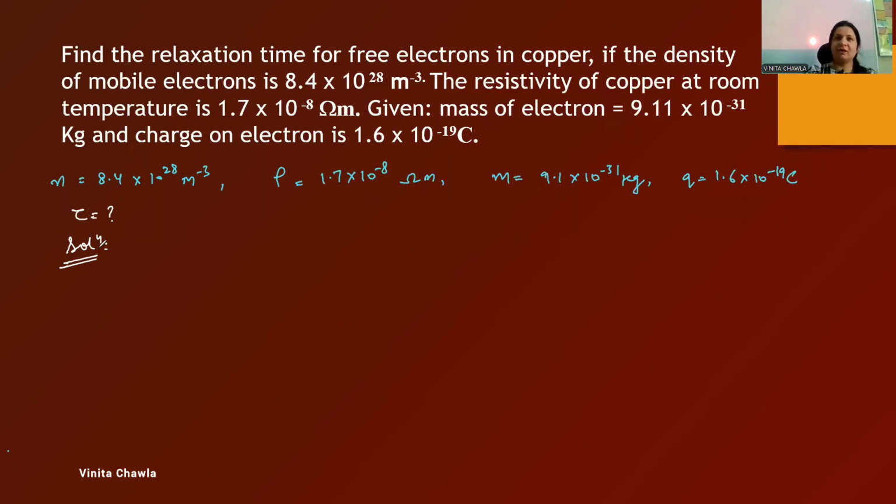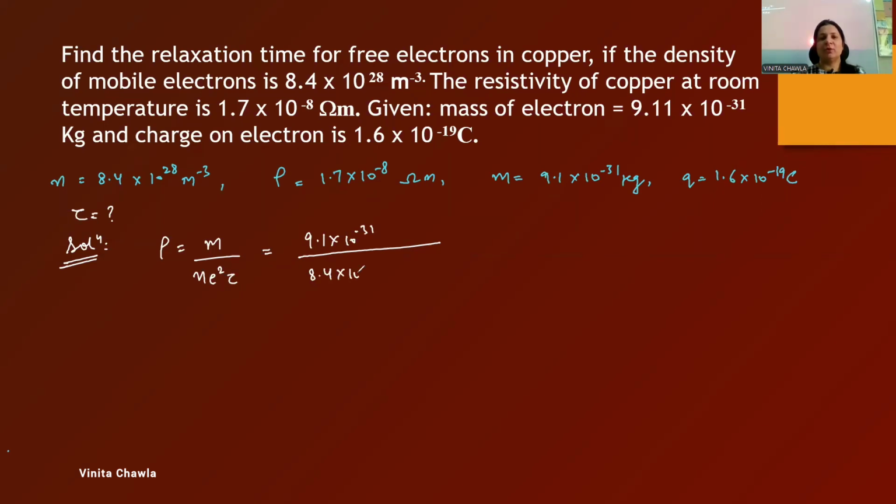मैं इसका solution direct कर दूंगी ना, सबको easy हो जाएगा. Rho is equal to m upon n e square tau. Okay, put the values here. Put the value of m. Mass of electron is given. It is 9.1. We know the mass of electron, right? अगर given नहीं भी है तब भी आपको पता होना चाहिए. Number density is given.